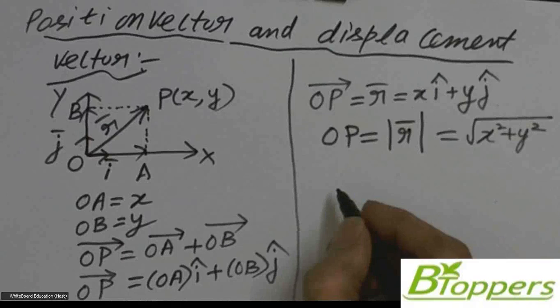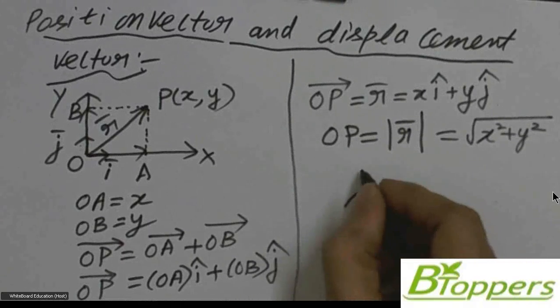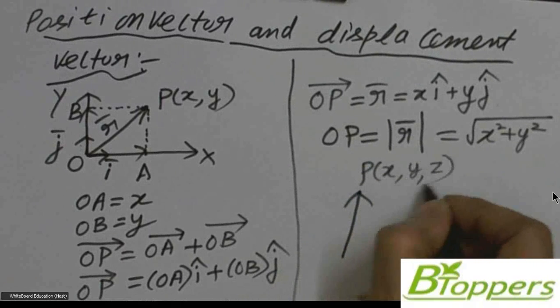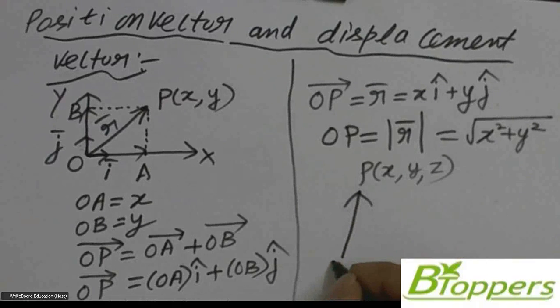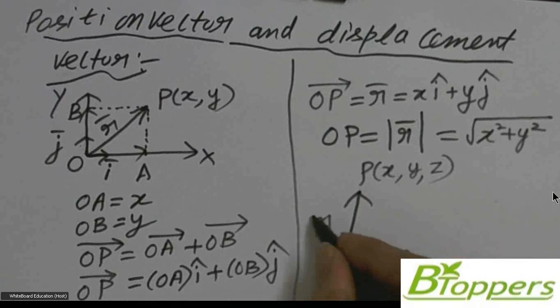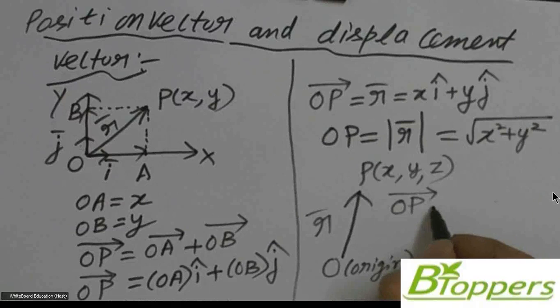So in a three-dimensional coordinate system, suppose x, y, z are the Cartesian coordinates of a point P with respect to origin O. Then the position vector of the point P with respect to the origin O is denoted by r bar.